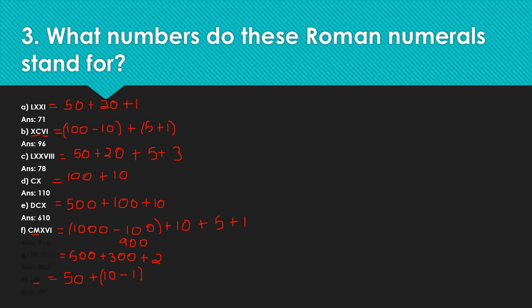C stands for 100, M stands for 1000. Check these two numerals: a smaller numeral with a greater numeral, you have to subtract. So 1000 minus 100.